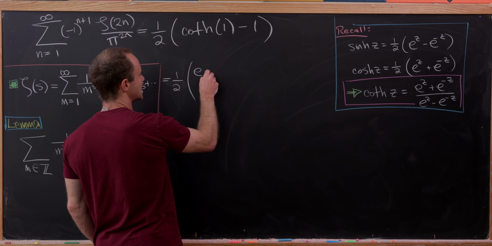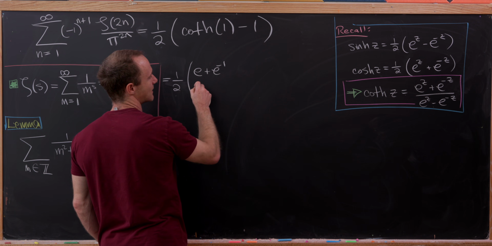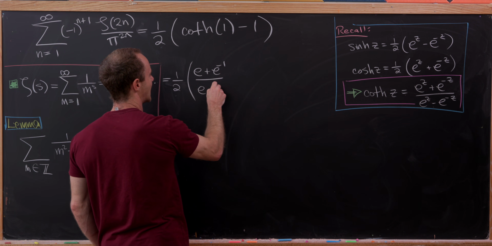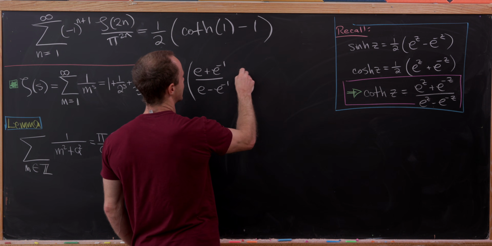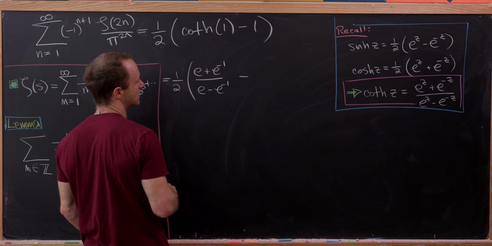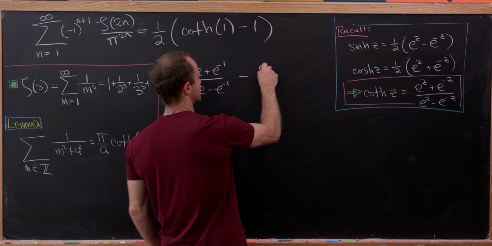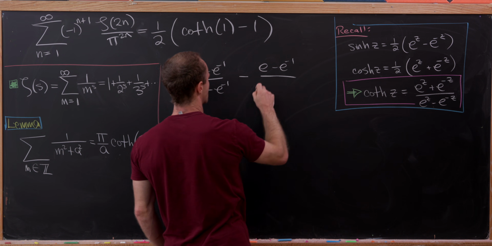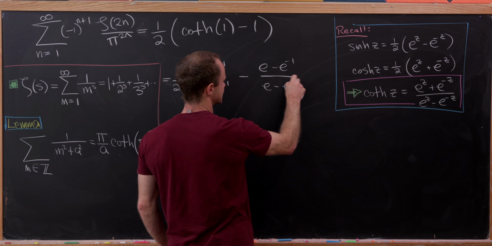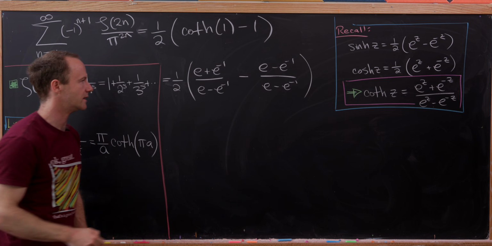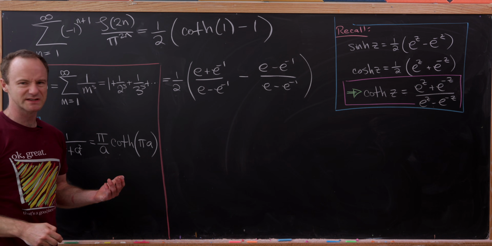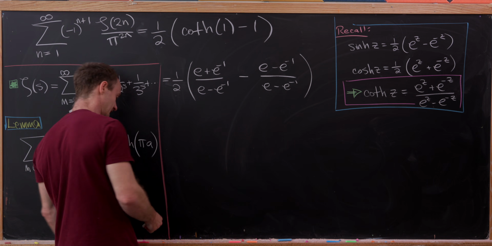So this will be a half, which we got from that. And then we'll have e plus e to the minus 1 over e minus e to the minus 1, and it'll be minus 1. But let's maybe put this minus 1 with the same denominator. So e minus e to the minus 1 over e minus e to the minus 1. So there's our number 1. And now let's see what stuff cancels and see what stuff stays.